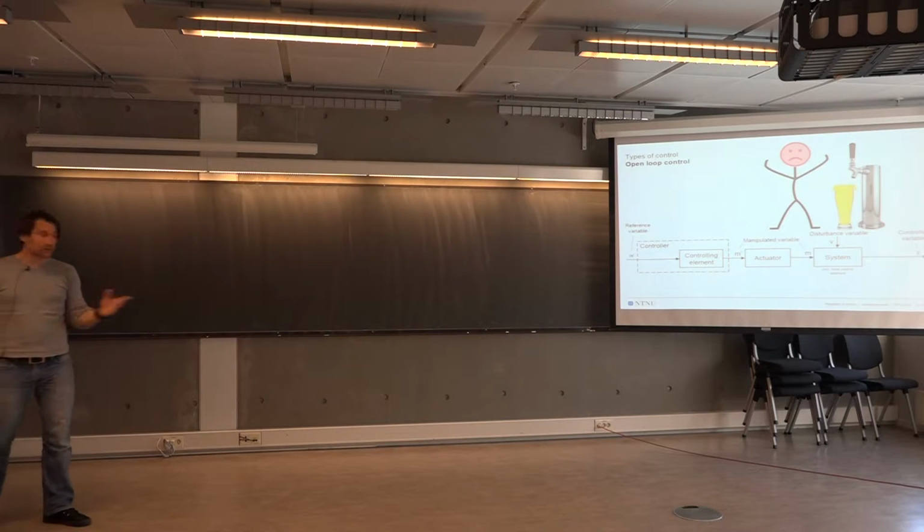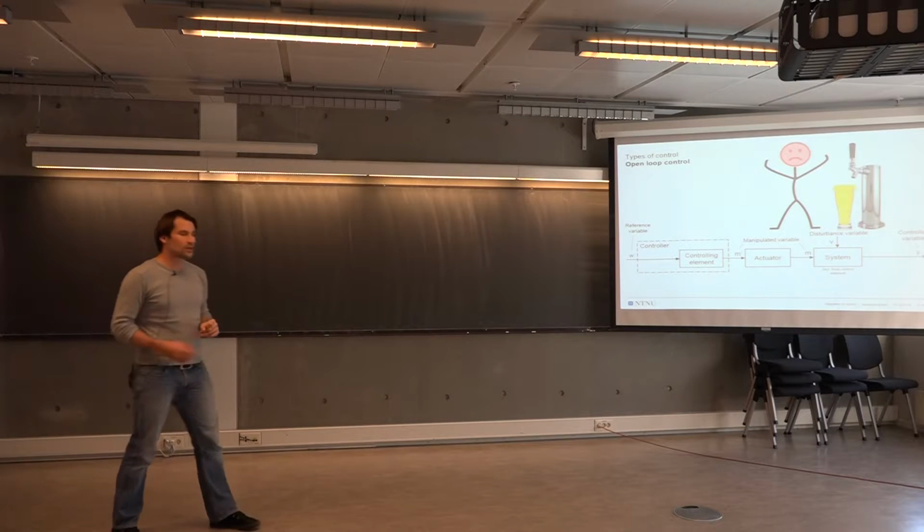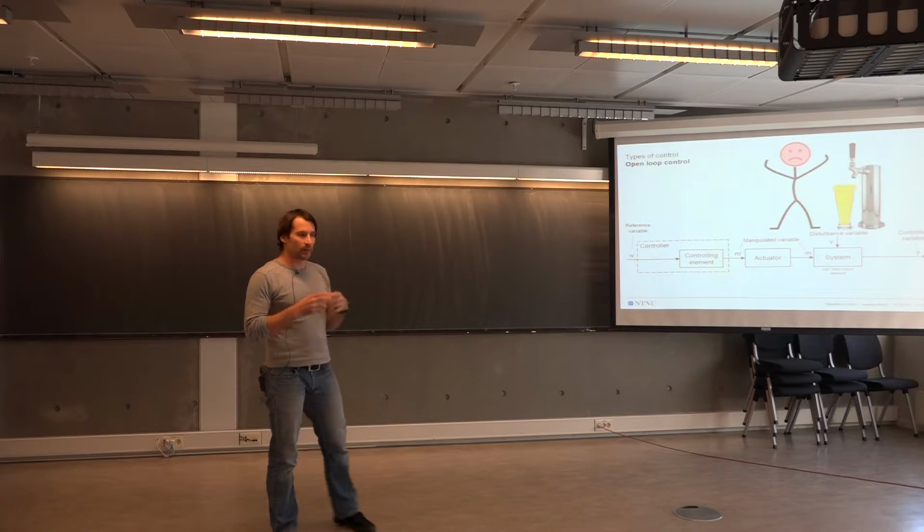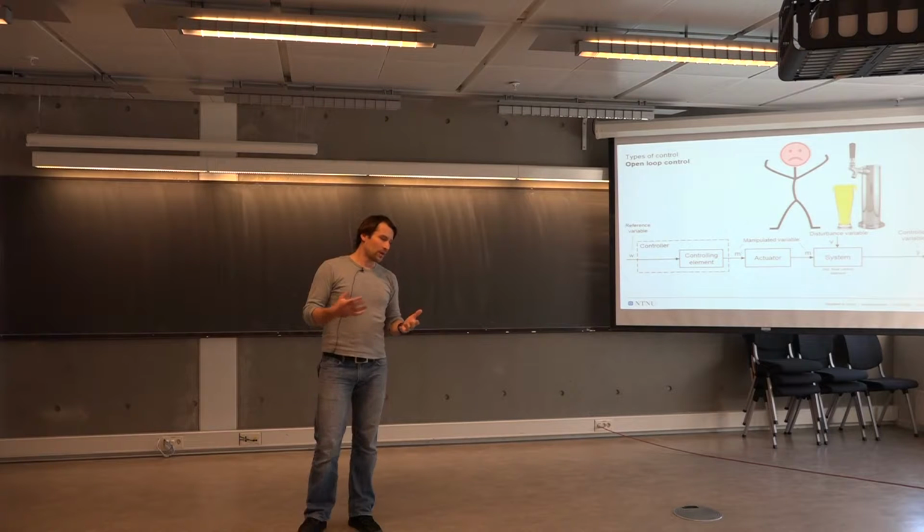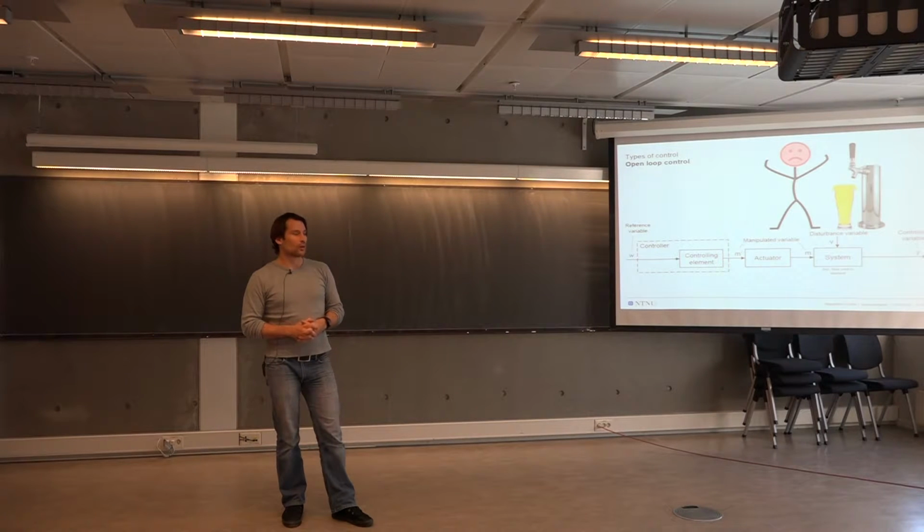And then the reference variable on the very left-hand side, this is what the bartender wants the beer level in the glass to be. You guys want it to be as high as possible. The bartender maybe not that high, because that's money.